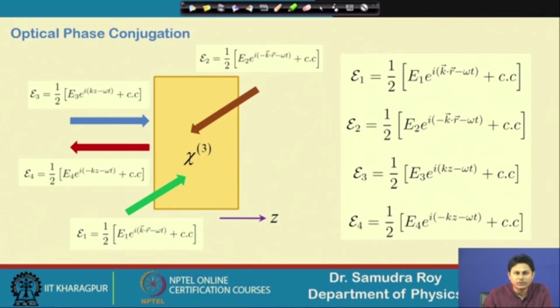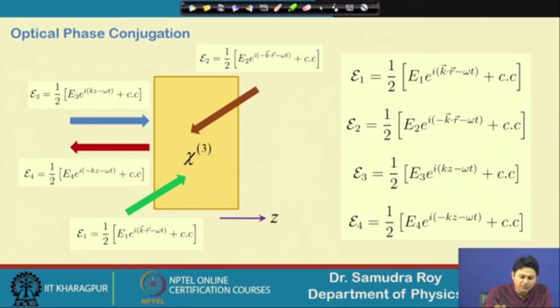We are not going to study the evolution of E1 and E2, because normally the pump has very high amplitude, and we are not bothered about the evolution of the pump. Here we will do the same thing, E1 and E2 will be pump. It will supply some sort of energy to the waves E3 and E4. So, the evolution of E3 and E4 is important.